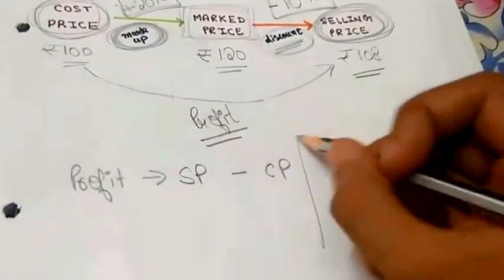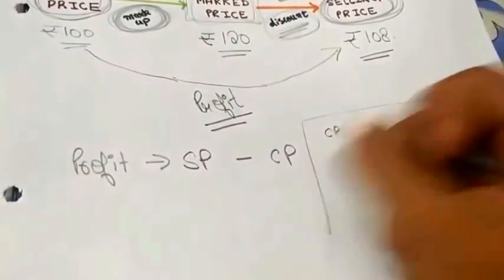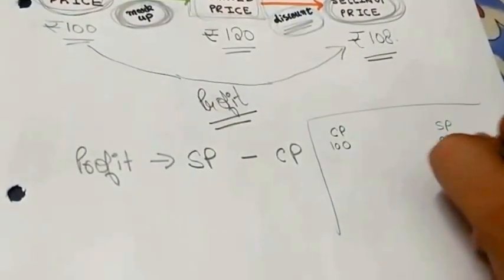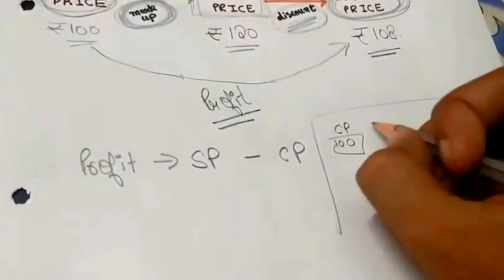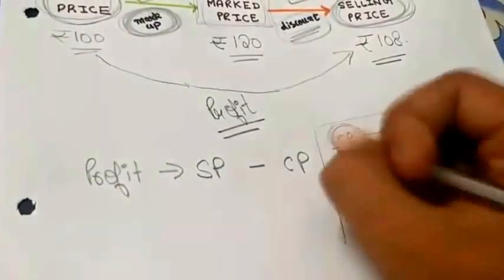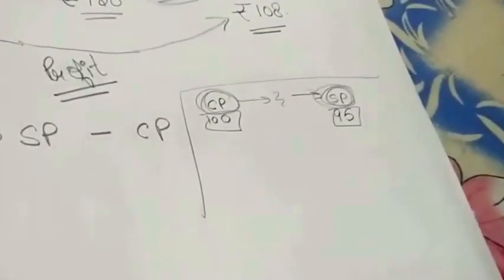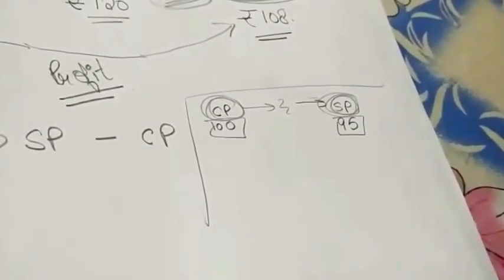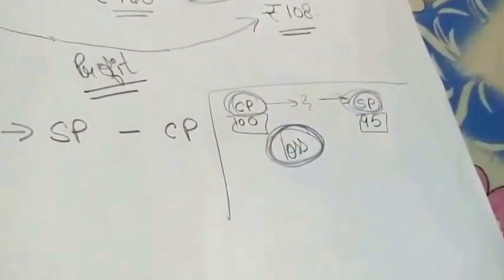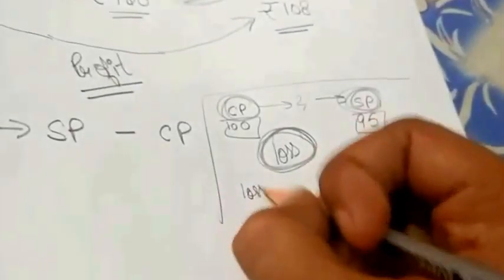Now you can understand that if there was some turn of events and the cost price was, let's say, 100 and the selling price was 95, maybe because of the markup and the discount, eventually the selling price was less than the cost price. In such a situation, there would be a loss. In that situation, the loss would be calculated as CP minus the selling price.